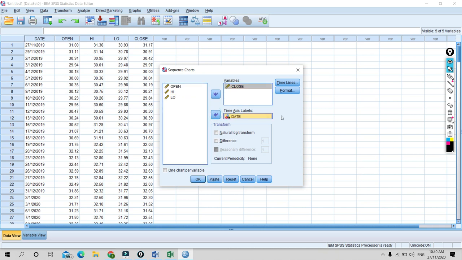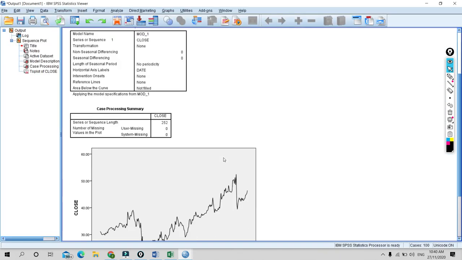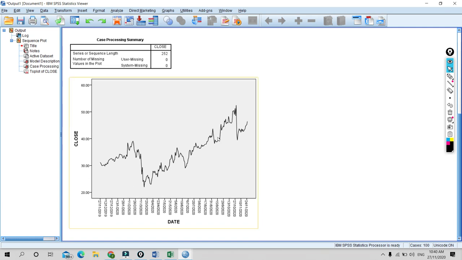So if you use Analyze here, you can transform the data into stationary data. I go to Forecasting, Sequence Charts, and I just do differencing. Let's say difference by 2, or I go to difference by 1.